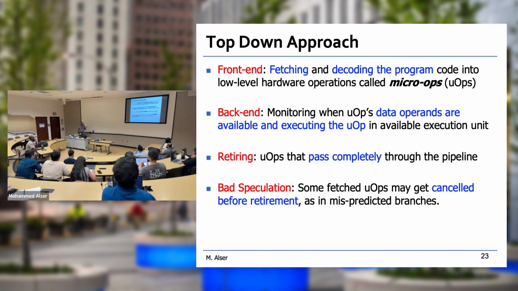So I cannot continue executing it because I cannot get those two operands. For example, in this operation, I need these two operands in order to execute the addition. If the memory is busy and is not feeding me those operands, then I cannot continue executing.